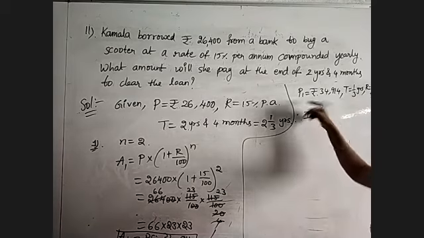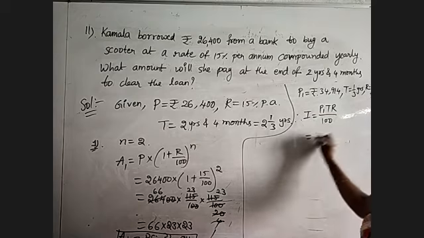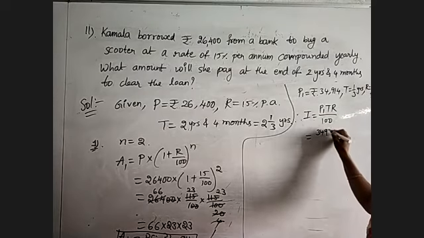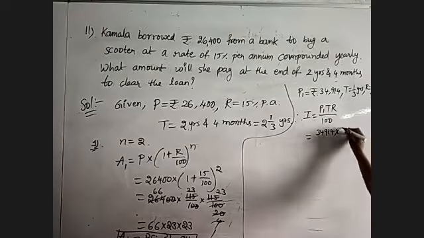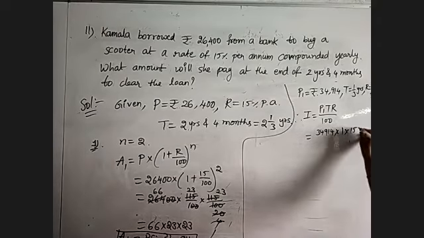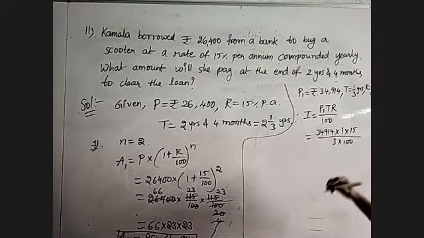So we have P into R by 100, which is equal to 34,940 into T value, which is 1 by 3. So that value I write in the denominator, 1 by 3, so 3 into 100.